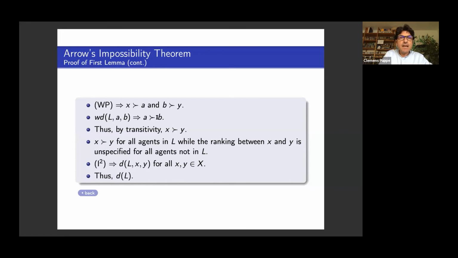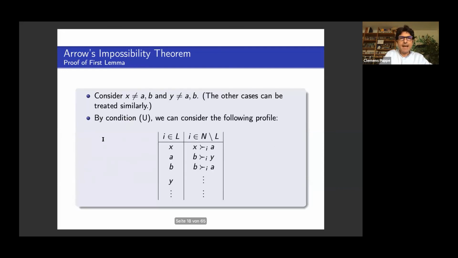But now you see X better than A, A better than B, B better than Y, so by transitivity, X must be better than Y.